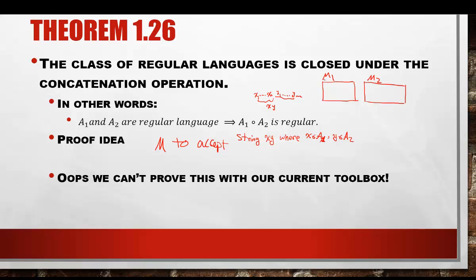And now we know that M sub 1 accepts this, and M sub 2 accepts the second part. And now we want to basically use that same trick that we did with our union, intersection, and complement operations, and see if we can build this machine.